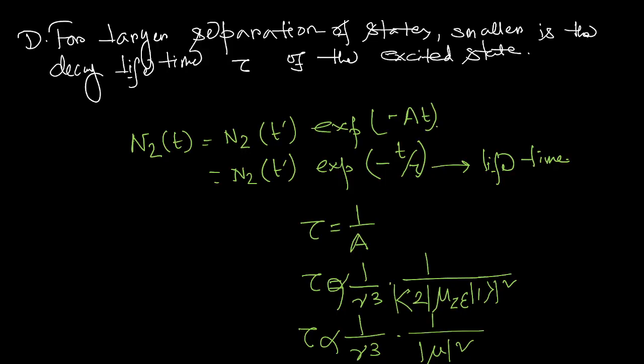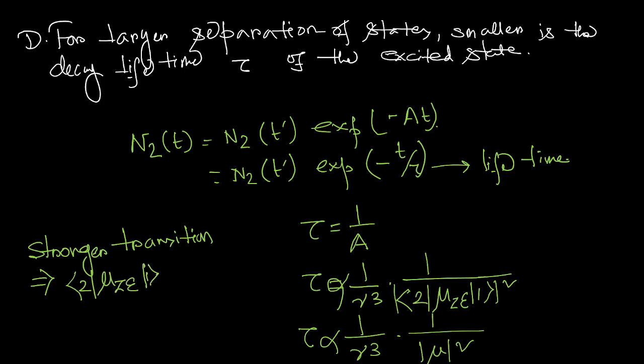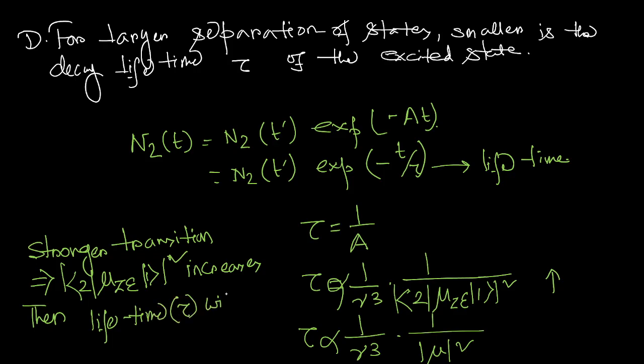Stronger transition is denoted by the magnitude of this term. If it increases, if this term goes up, then A increases and your lifetime will decrease.